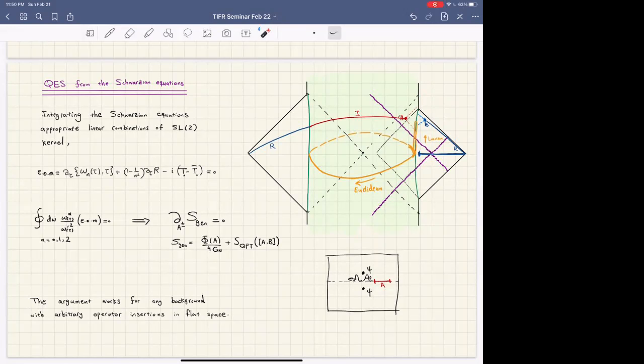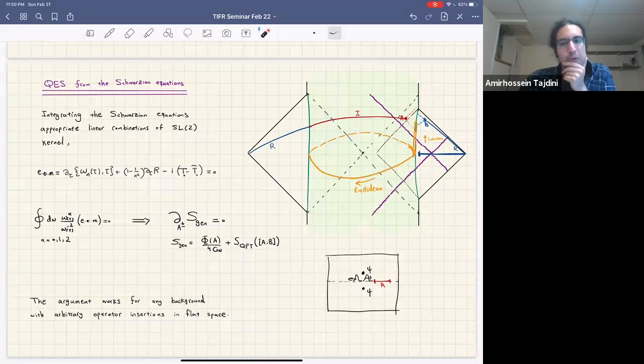What I'm saying is that this matter field in the AdS region is some natural matter field in the AdS region, which has an AdS/CFT dual, etc. Right. That's an excellent question.